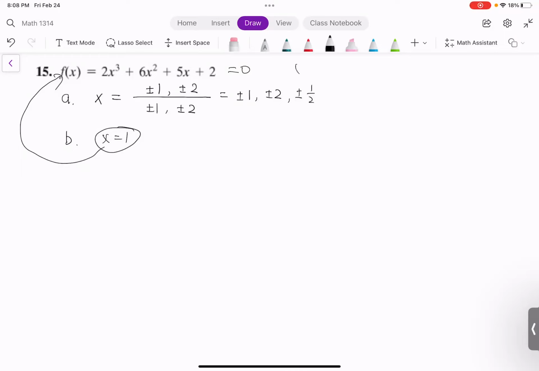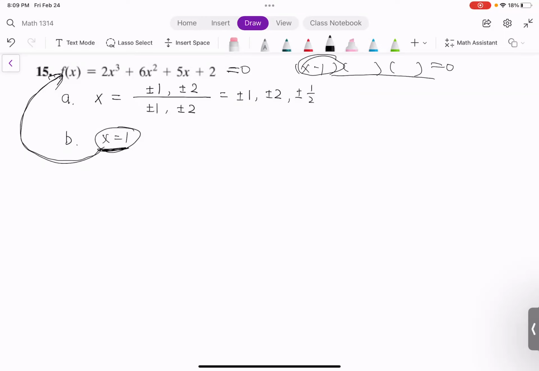Because if I have factored form equal to 0, x equals 1 means x minus 1 equal to 0. So this part equal to 0 make all the function equal to 0. If I plug x equals 1 in the function, if I can make it 0, that must be the zeros for the f function.